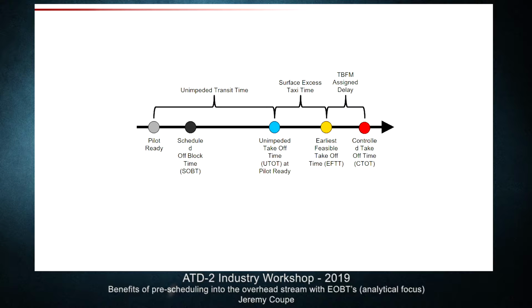So for the first metric, we look at the controlled takeoff time minus the unimpeded takeoff time at pilot ready. This combines both the surface excess taxi time and the TBFM assigned delay. So, to use a dirty word, this is the total delay that aircraft is experiencing.